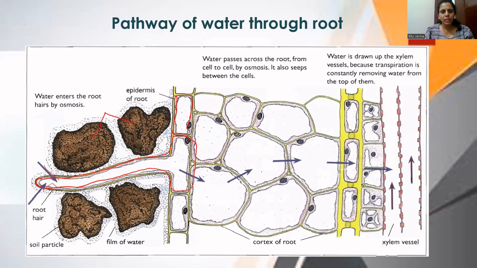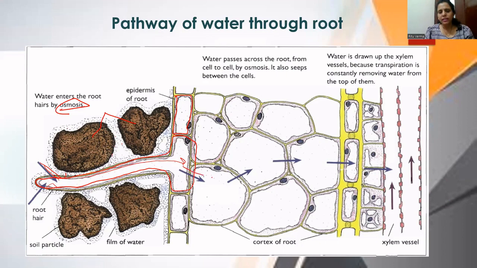In between soil particles we have water. Around soil particles we have water and minerals are dissolved in this water. So water enters inside this root hair cell by the process of osmosis. And minerals are also absorbed here by the process of active transport. Now this water and mineral actually passes through the root hair cell.